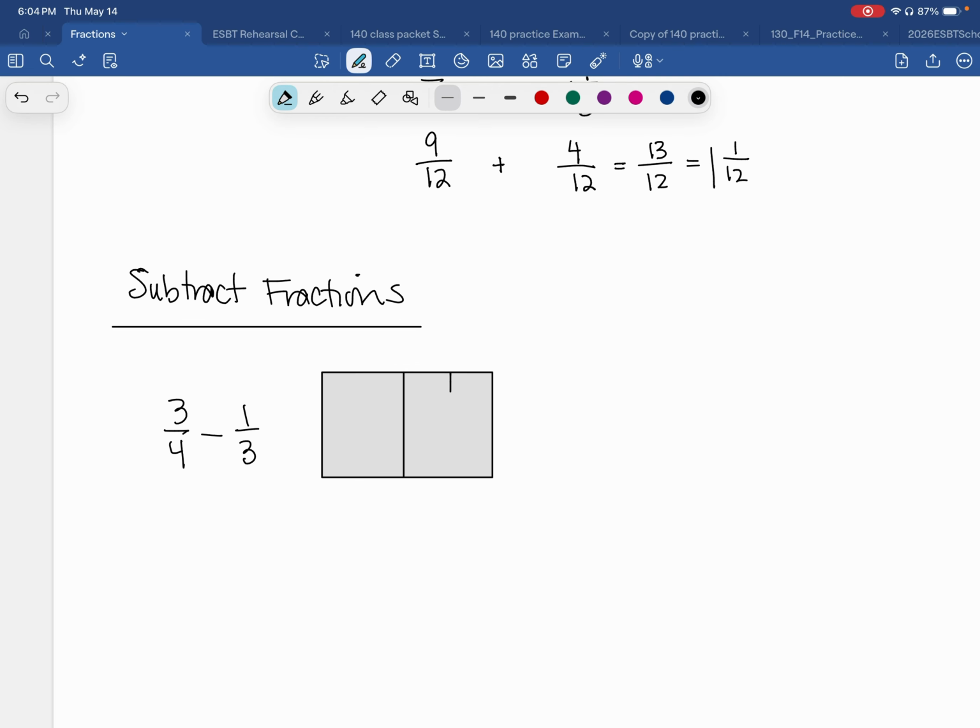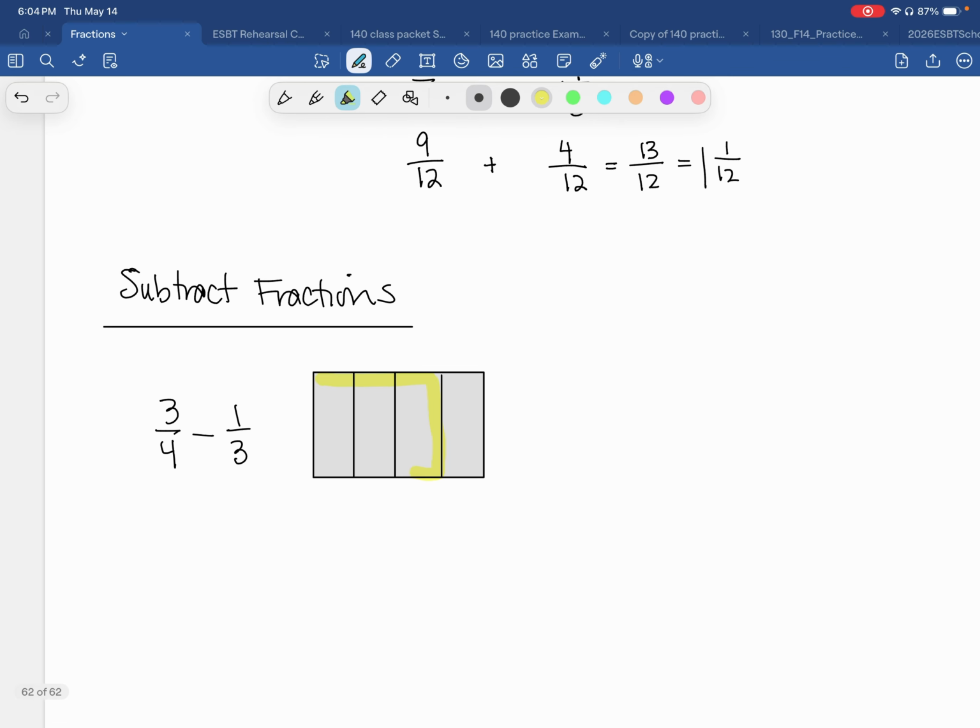So I'm going to cut them vertically into 4s and shade in 3 of them. And that's my 3/4. And I'm going to compare that to 1/3.